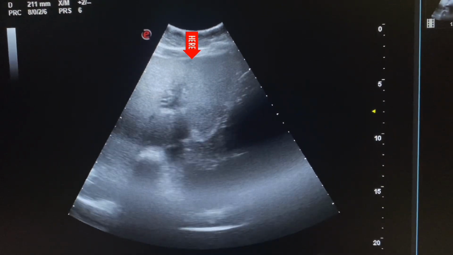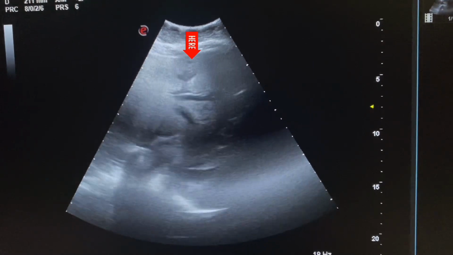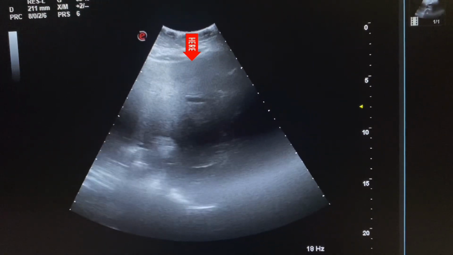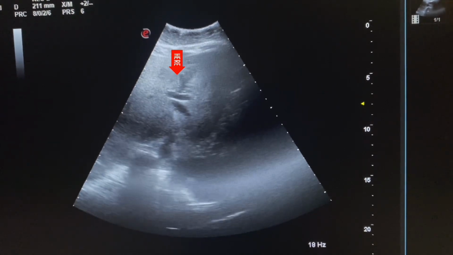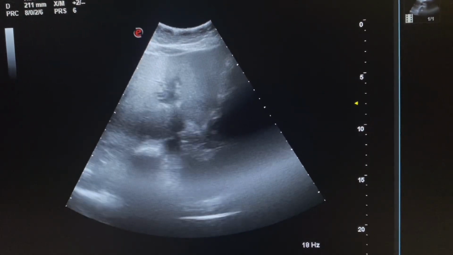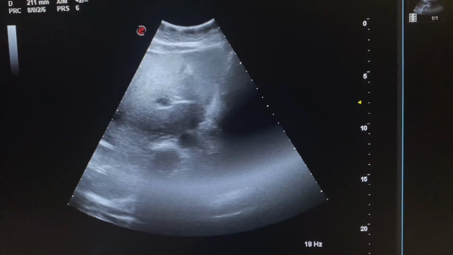hyperechoic and hypoechoic texture. Here we see the dilated veins of left hepatic veins.